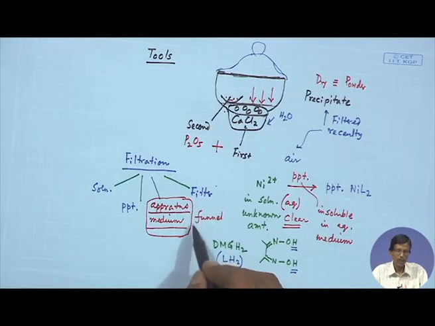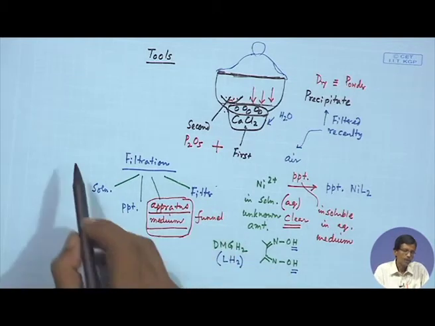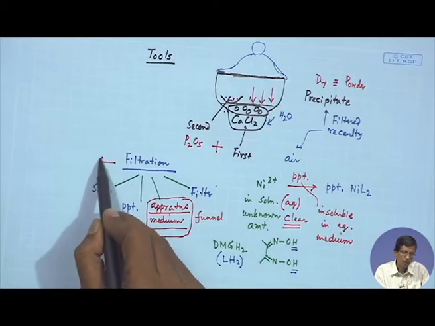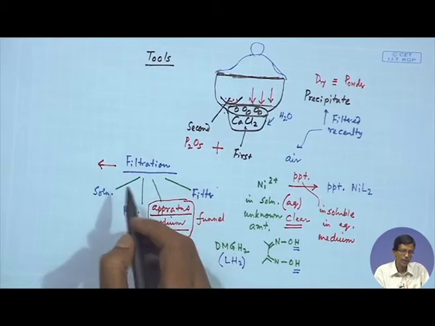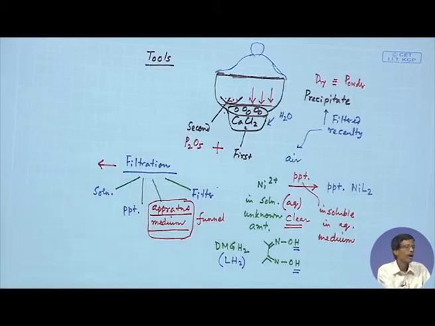We consider it as a special name, and we will slowly discuss how to use it. In this slide we have also written ignition of solids. I will come to that, how we can have some solid being filtered. The filtered solid you can burn to get some information related to your analysis.